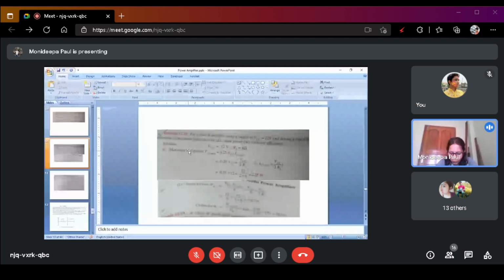Second point, DC input power. Third point, collector efficiency. Complete?